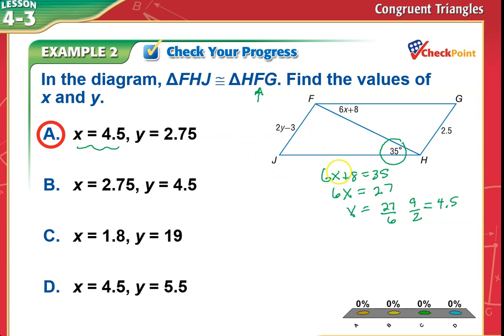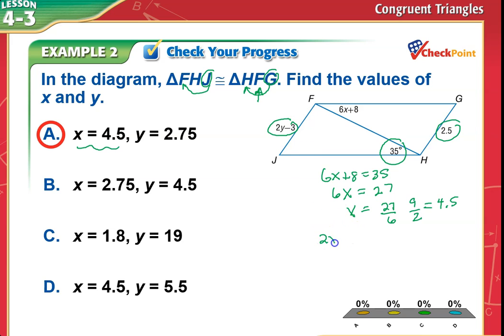All right, so what else do we know? We also know that the J, right, so this is how you should do it, the J and then following with the F would be the same as the G following with the H. So we know that the 2.5 is equal to 2y minus 3.